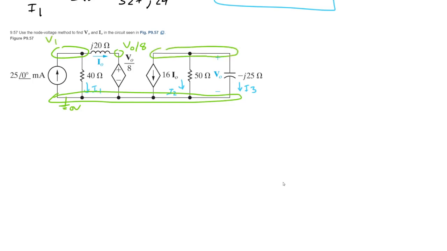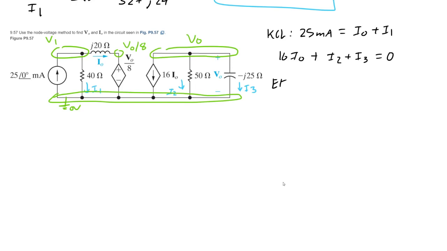Unknown voltage here, VO. Alright, so with KCLs, 25 milliamps going in, IO leaving, I1 leaving. Second one, 16 IO entering, or sorry, leaving, I2 leaving, plus I3 leaving, all equals 0. This is valid, don't worry.